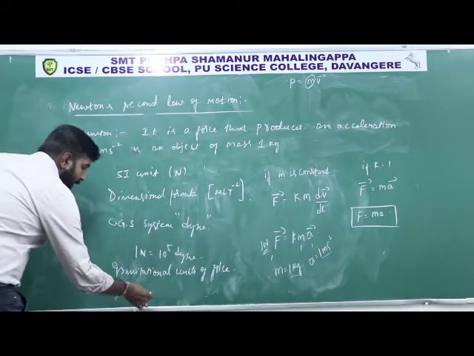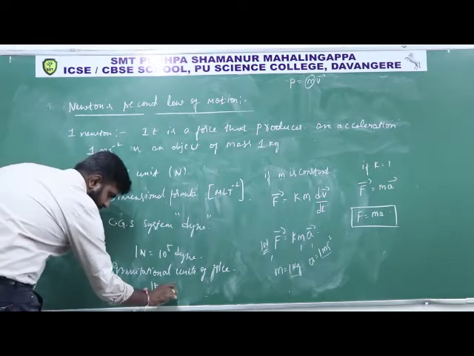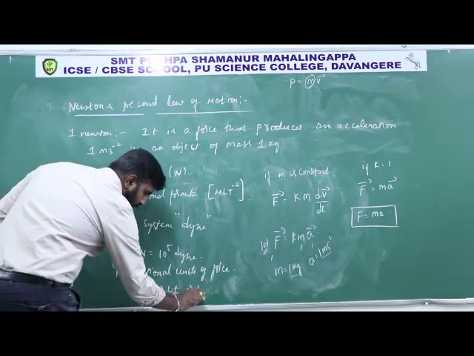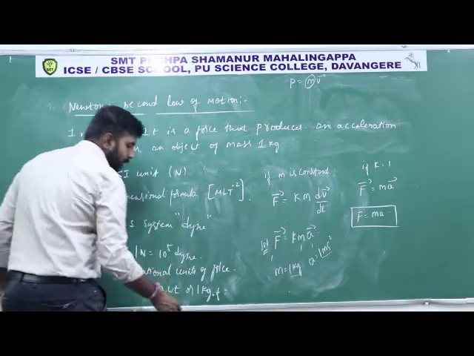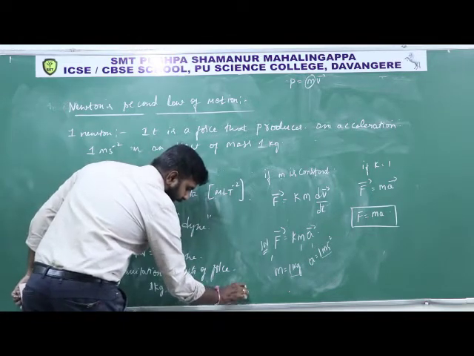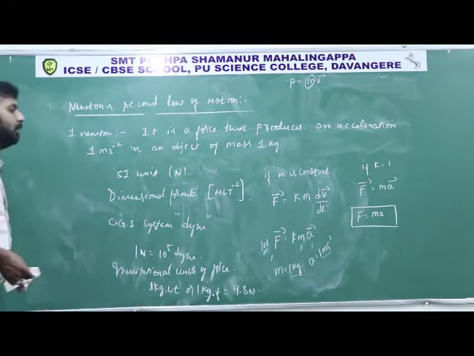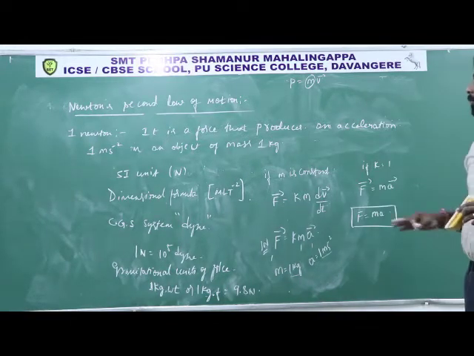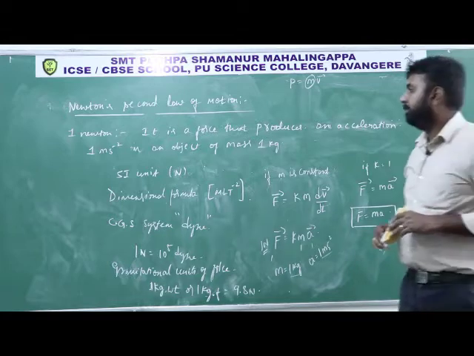Okay, that is given as 1 kg weight, or 1 kg force. So this is equals to 9.8 Newton. Remember all these units, which is important. I hope you understood Newton's second law of motion.